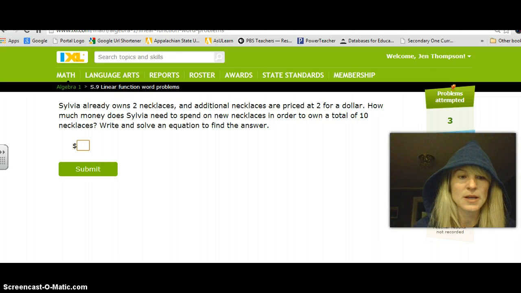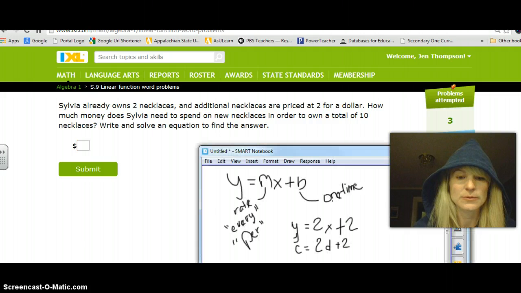Okay? Then you're going to have some where they just ask you to solve the problem. So if we look at this one, it says Sylvia already owns 2 necklaces, and additional necklaces are priced at 2 for $1. So again, if I want to start with an equation here, she already owns 2 necklaces.